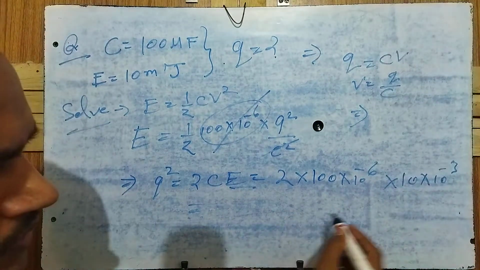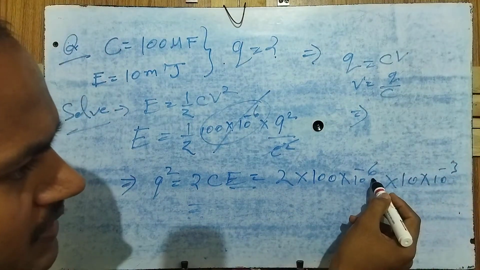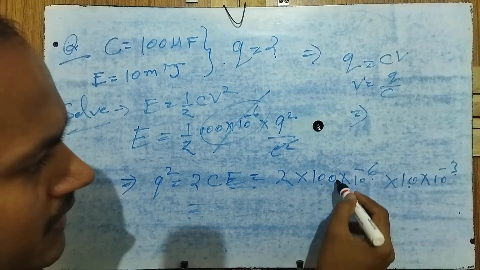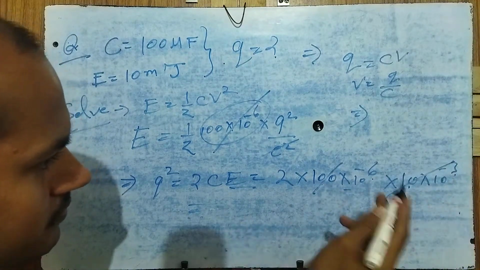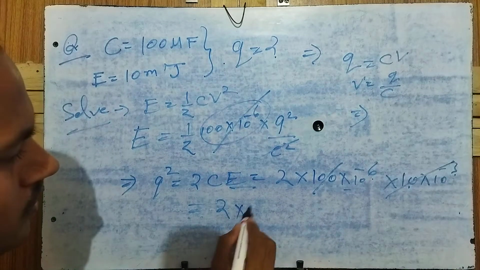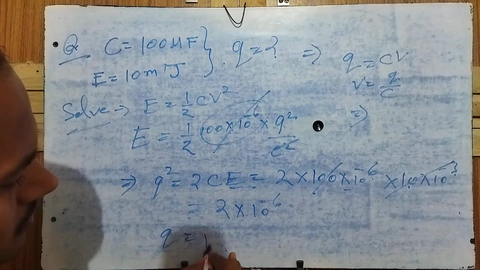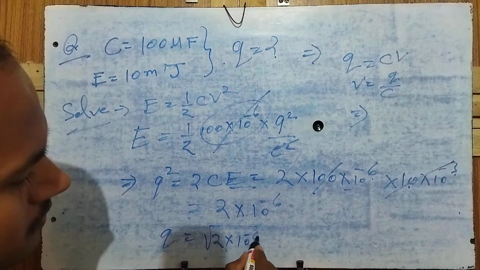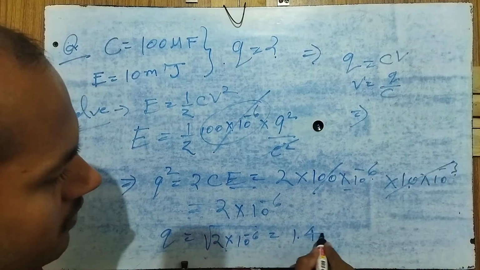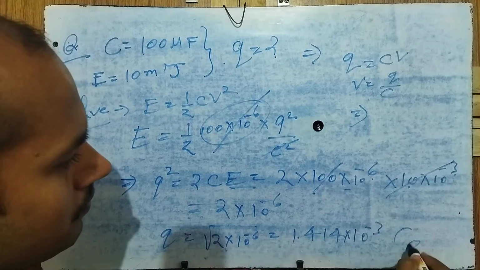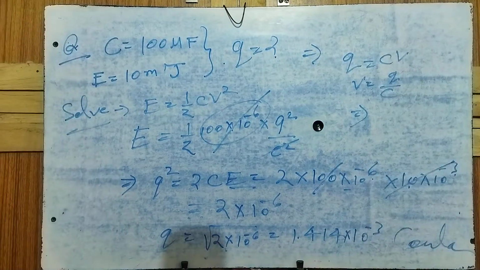So calculate minus 6 and minus 3, minus 9 and 3 means minus 6 again, right? So Q is equal to under root of this, this will be 1.414 into 10 power minus 3 Coulomb. This is the answer. Very simple, only put and get the answer.